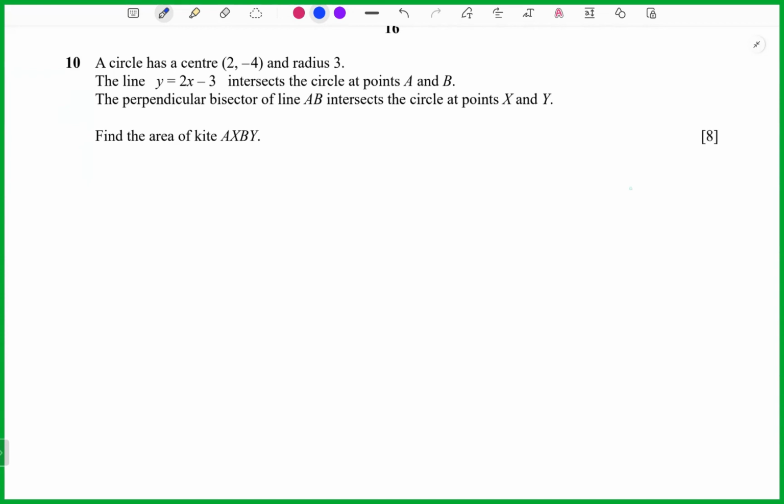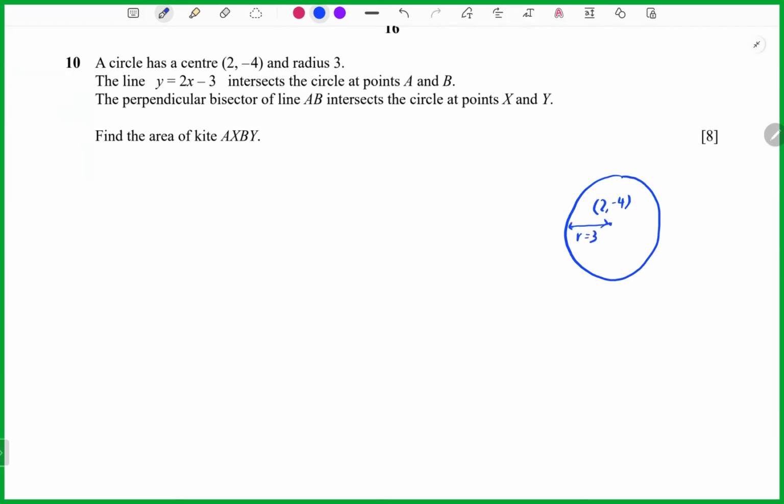So now we see this circle first. The center is (2, -4) and the radius is 3.